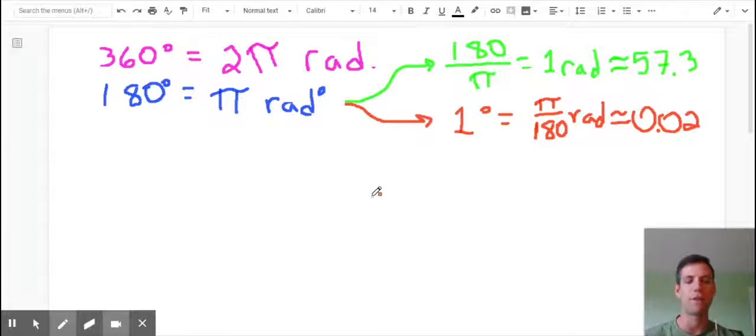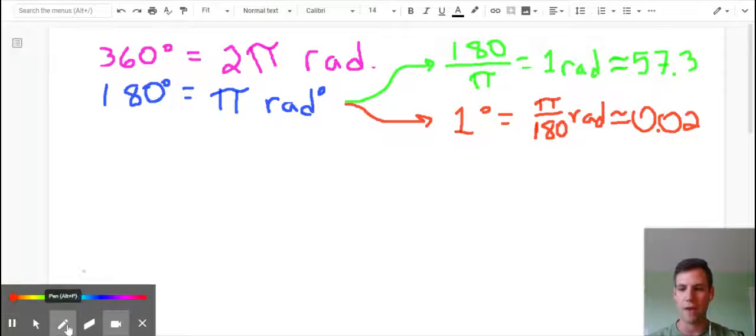And if you think about it, if you're looking at a circle and you made a central angle in that circle and that angle was 1 degree, you would basically have an arc that would be almost zero in length. It'd be very, very small, only looking at 1/360th of that full circle.